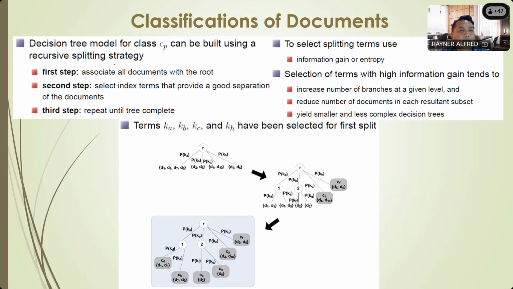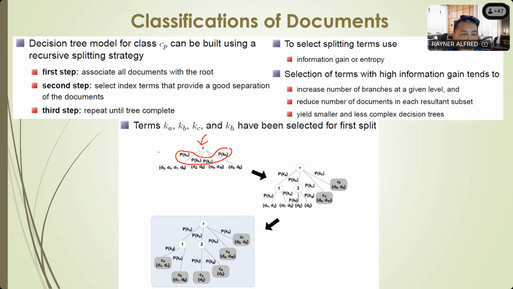So how do we start? First step, we associate all documents with the root. We put all the documents here. Second step, we select the index term that provides a good separation of the documents. In this example, we will choose four keywords, and then we will split them.